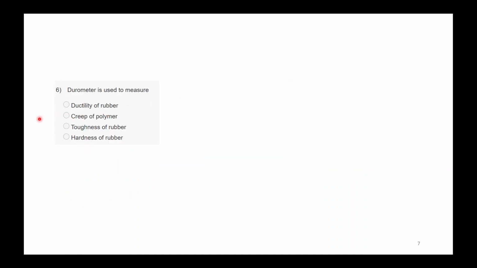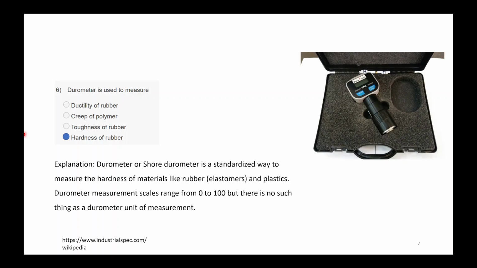Now the sixth question is, durometer is used to measure, and your options are ductility of rubber, creep of polymer, toughness of rubber, or hardness of rubber. So the answer will be hardness. This is what a durometer looks like.